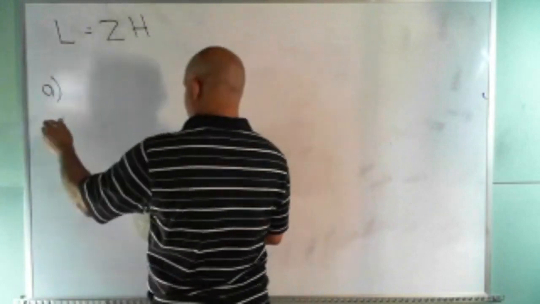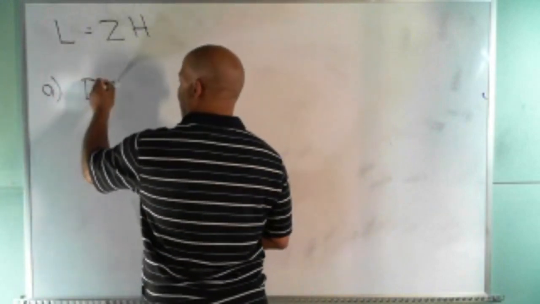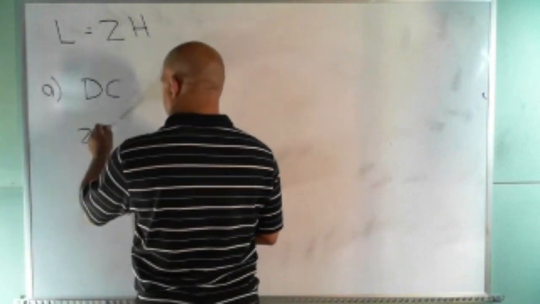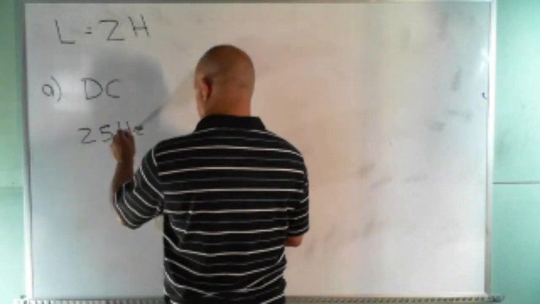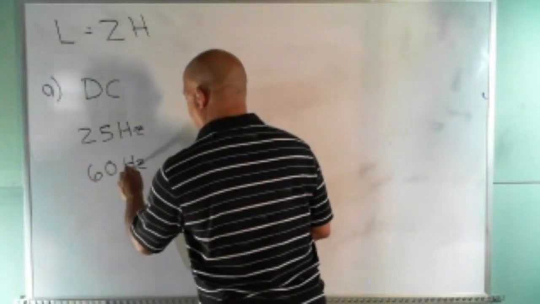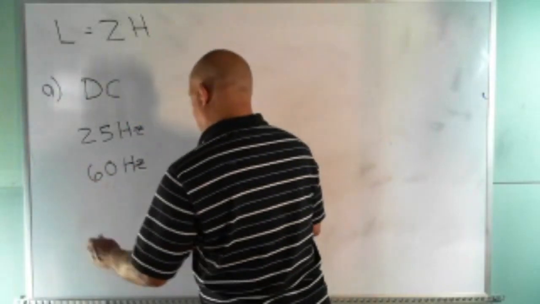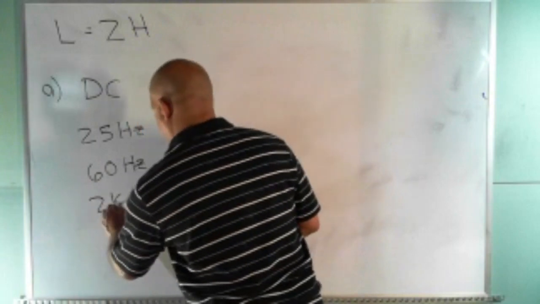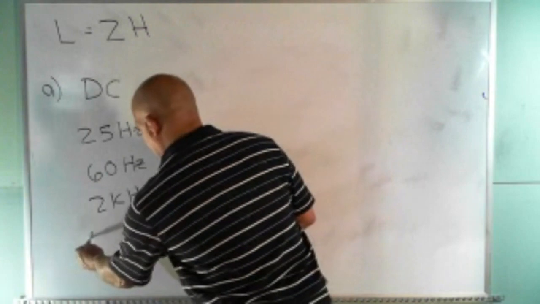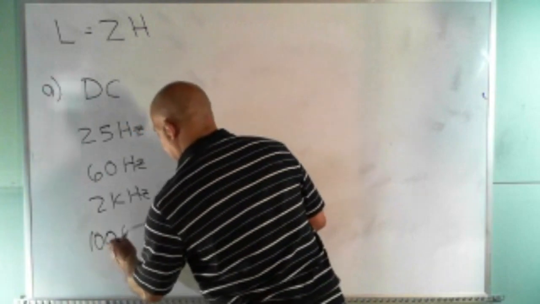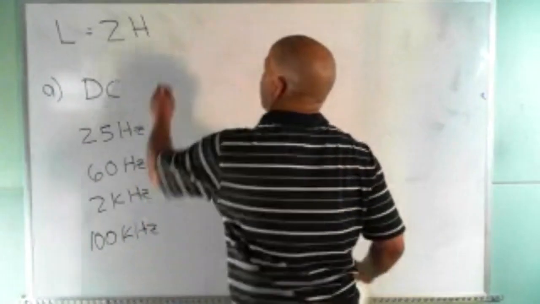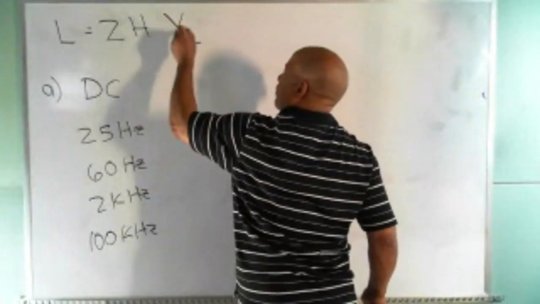They give you DC, 25 hertz, 60 hertz, 2 kilohertz, and 100 kilohertz. And they want you to find XL for this.